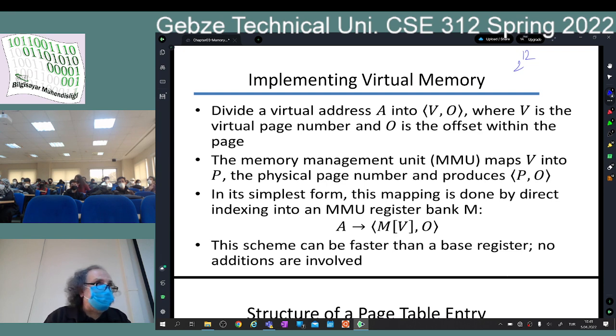Remember, the MMU is part of the CPU, and I can keep only at most 64 registers in my CPU, because registers are supposed to be very, very fast, and they are expensive. So as long as this M is not that large, then I can deal with this problem.